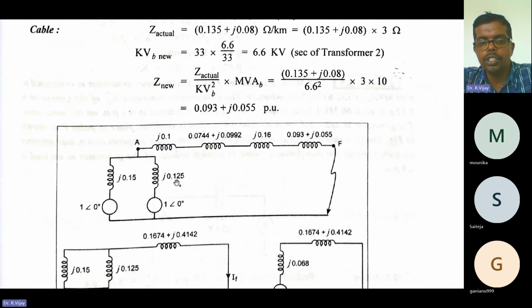And what is the voltage here? 1 at the angle of 0. Here also 1 at the angle of 0. That is, we need to start with a flat start, and in the generator we are taking the voltage as a flat voltage. That is 1 at the angle of 0 or 1 plus J0, anything is okay.